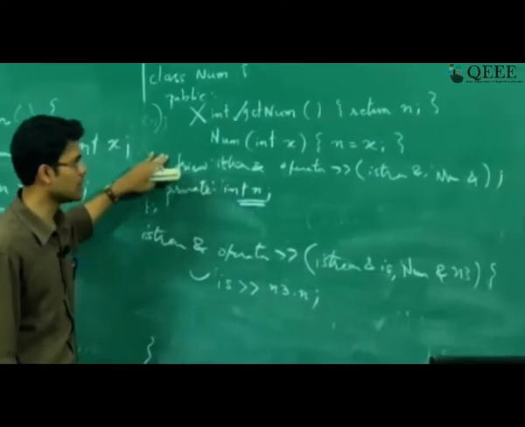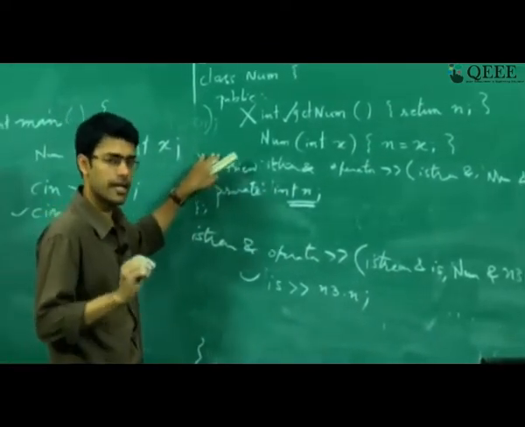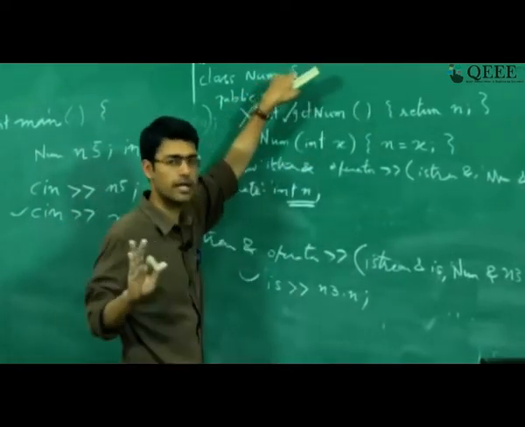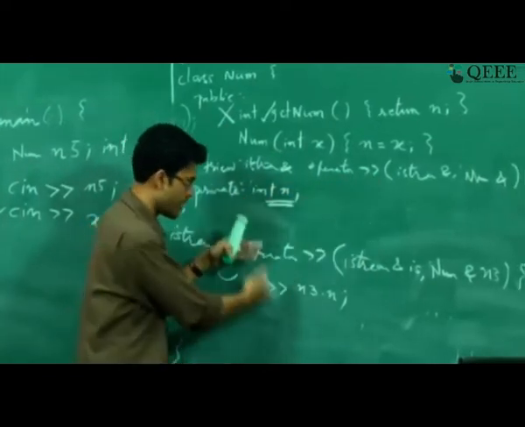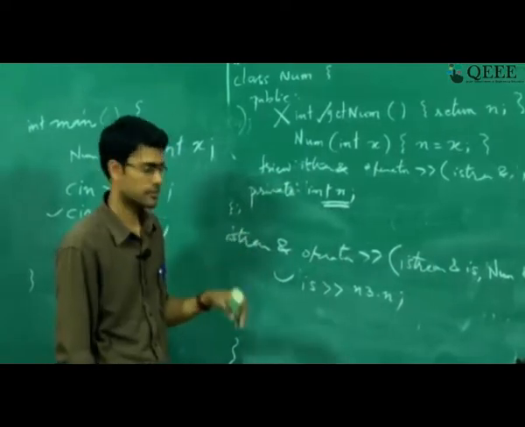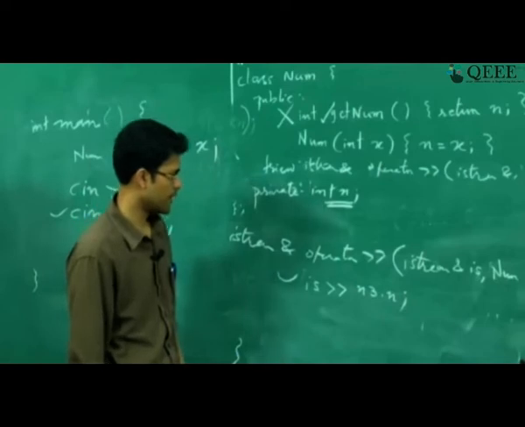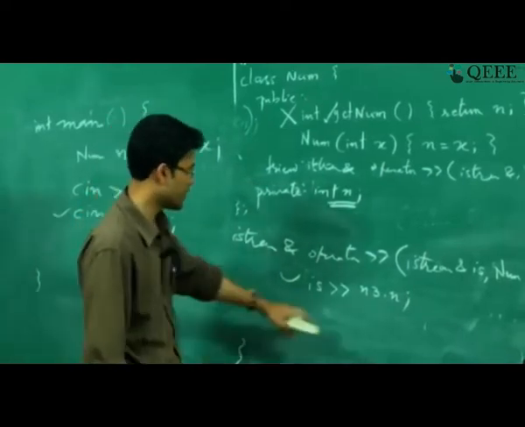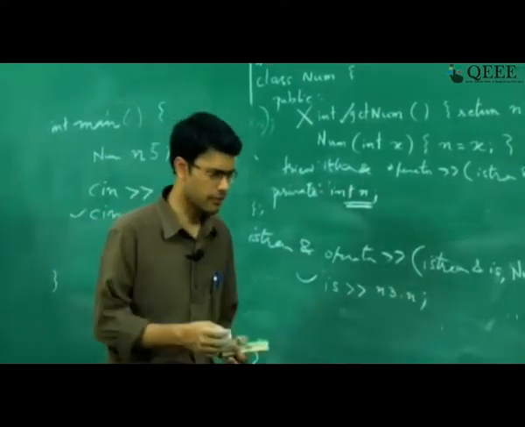Note that this is only a kind of declaration. This is not really saying that the right shift operator is part of this class. No, it doesn't say that. It just says that this right shift operator, which is defined outside, is allowed to access the private variables. So that becomes a friend function, and then we are able to access this, and then the compiler goes ahead and accesses this.